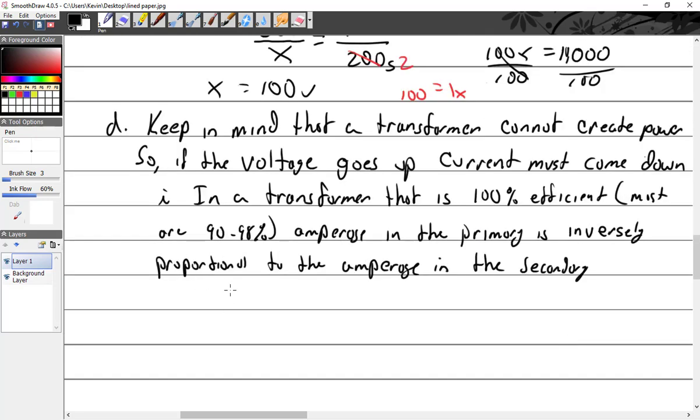So that is EP, voltage in the primary, versus ES.